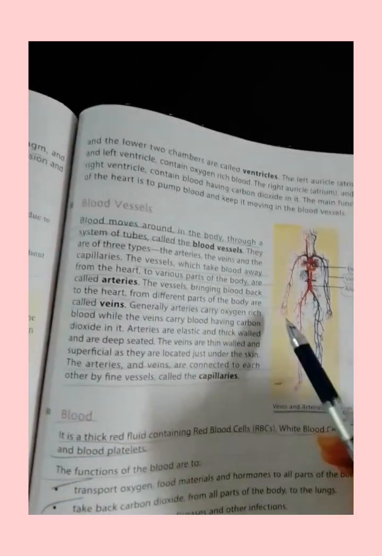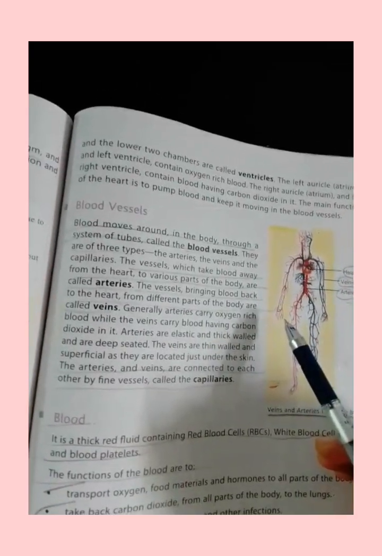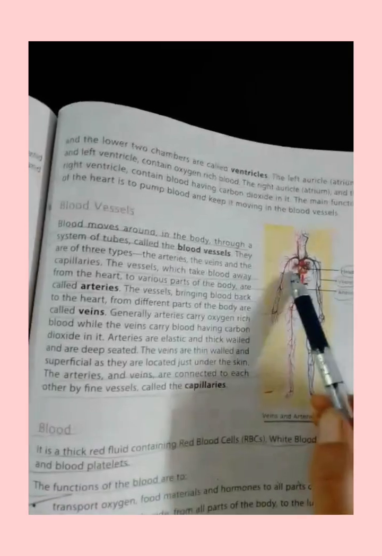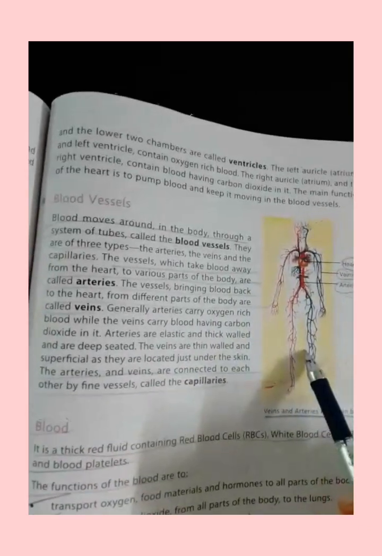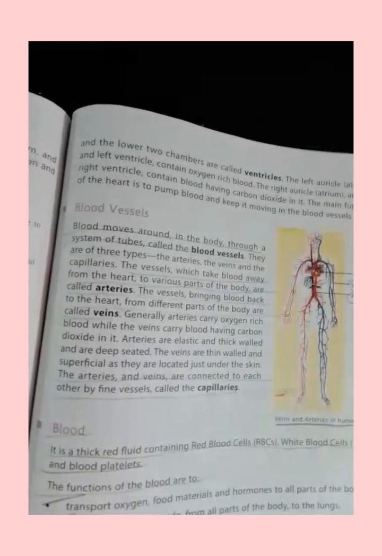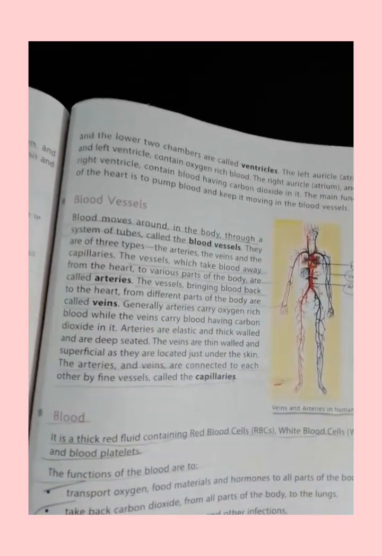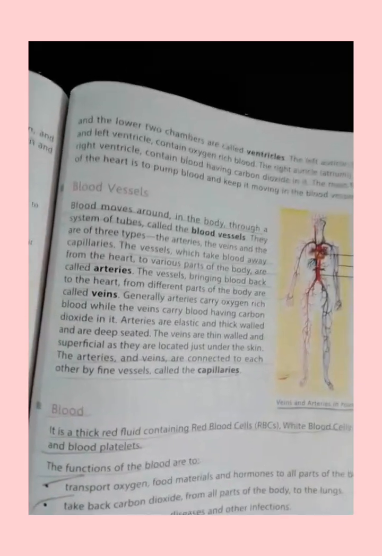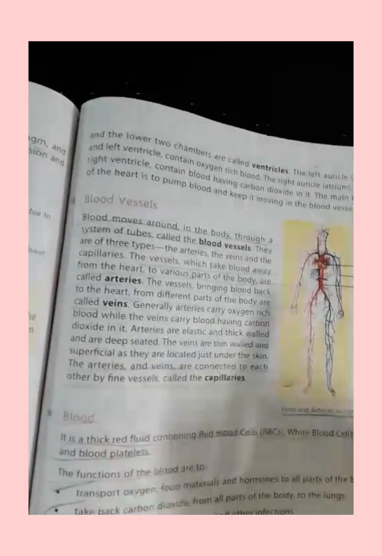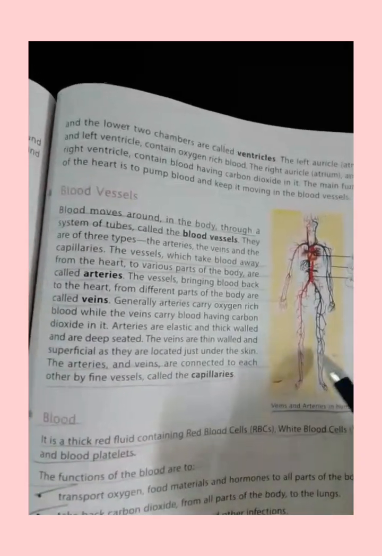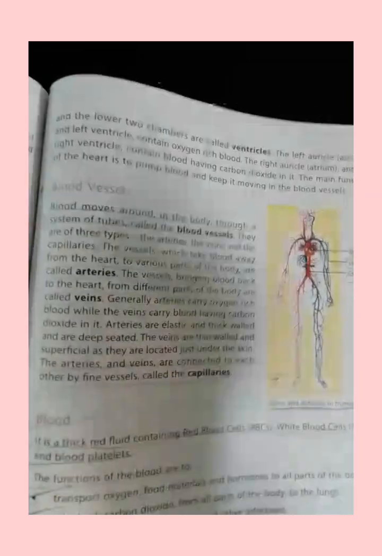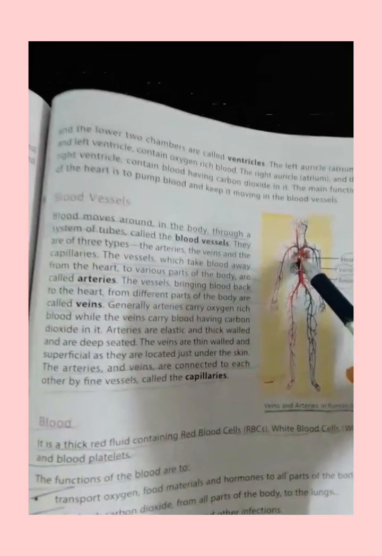Arteries carry oxygen rich blood from the heart to other body parts. These are the red colored ones. So obviously if they are carrying oxygen rich blood, they are red in color. And the veins, which carry the blood from body parts and bring it back to the heart, are blue in color.